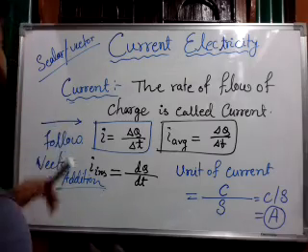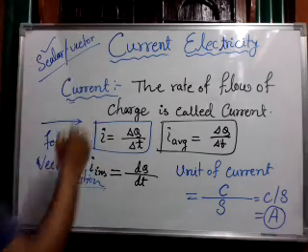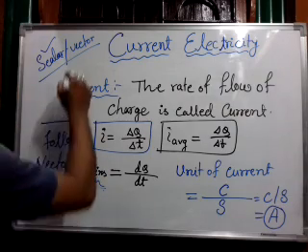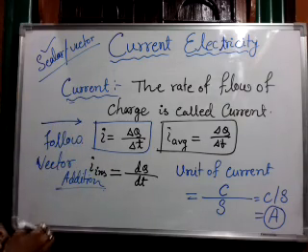That's why current is a scalar, not a vector. Even though it has direction, it does not follow the vector addition.